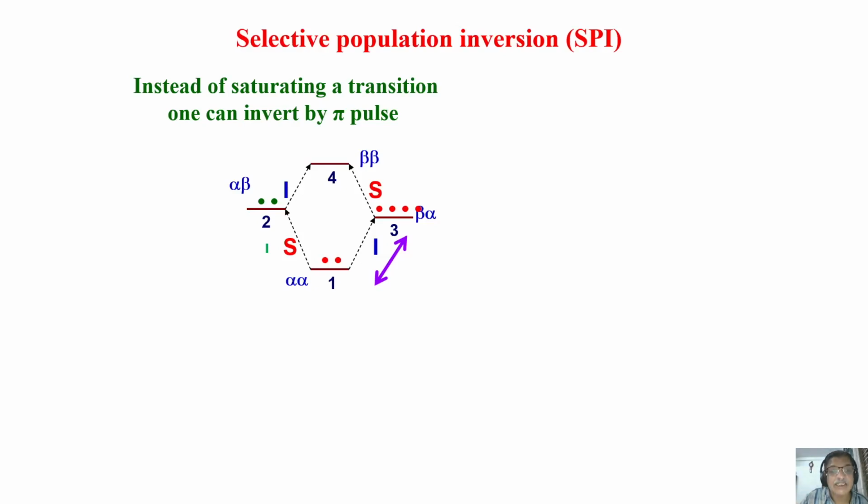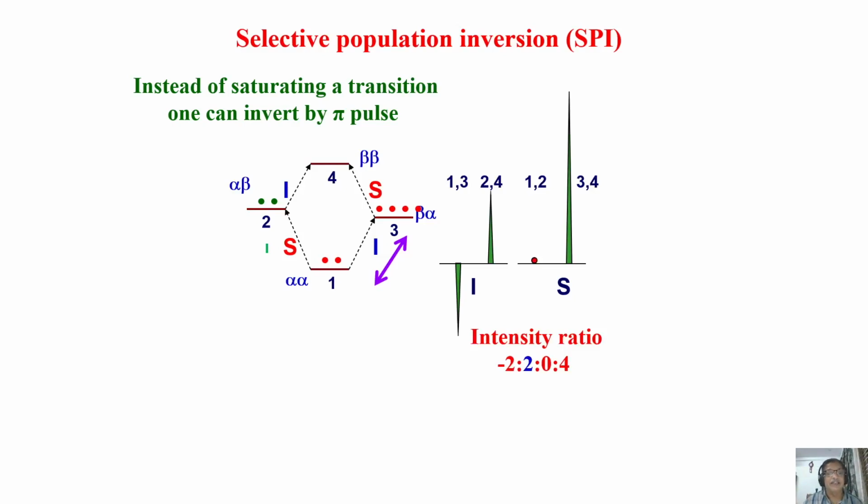Now let us see the intensities. Recalculate the intensity. What is the intensity of I spin? I spin from here to here. This is 2, this is 4, it became -2. Earlier it was 2, 2:2 was there. Now you see, if I take the population difference between 1 and 3, it is -2.